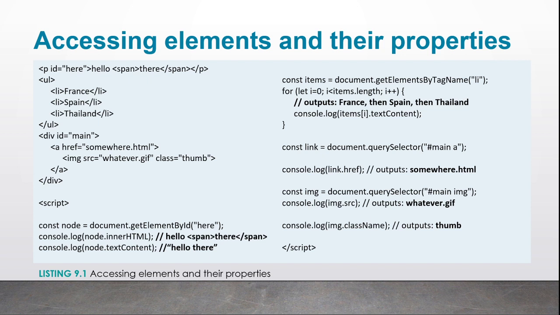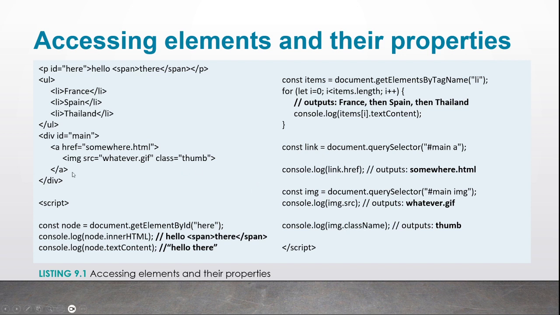So remember, source is like an href, but instead of linking out to somewhere, it's grabbing something and bringing it in. So it's going to put out the source, which is whatever.gif. And then the last thing, we're still using that image variable because it's grabbed everything within that a. And then go and look, and if it has a class name, what is that?